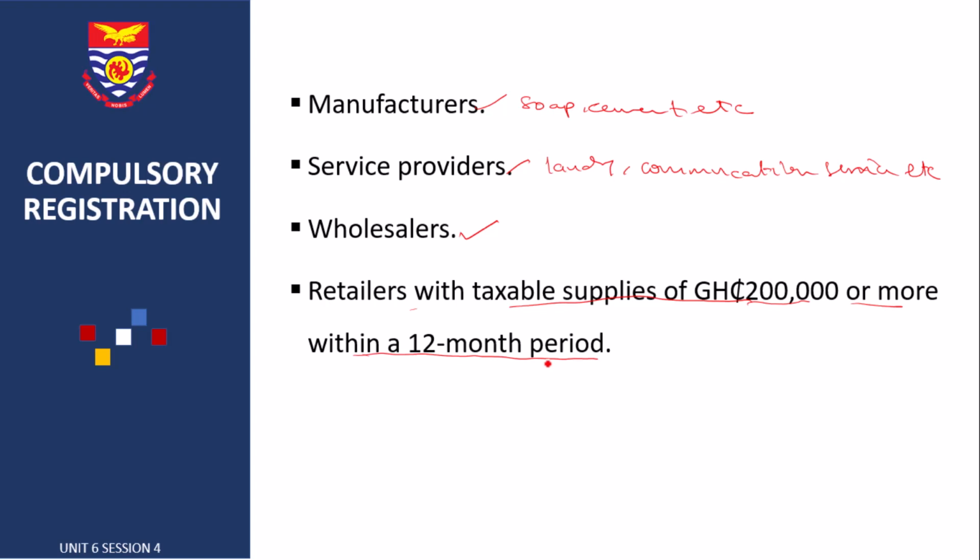The government proposed a review of the existing VAT registration threshold of 200,000 Ghana cedis in the 2023 budget. A retailer may still register to charge VAT even if the amount is below 200,000 Ghana cedis. This is voluntary registration.